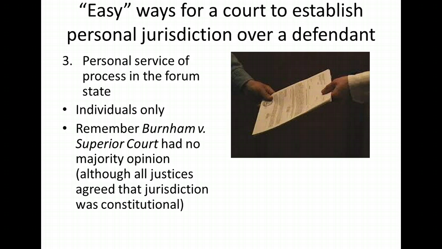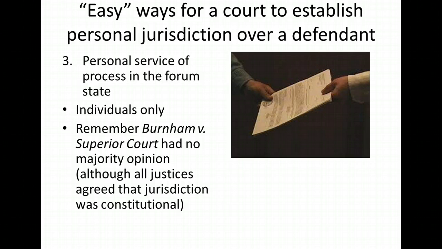But Justice Brennan's opinion held out the possibility that it might not be fair or reasonable to base personal jurisdiction over an individual solely on the fact that they were served with process in the forum state. So in other words, Justice Brennan believed that the minimum contacts standard of International Shoe should be applied to this situation of personal service of process in the forum state.